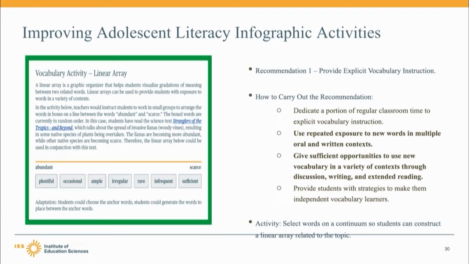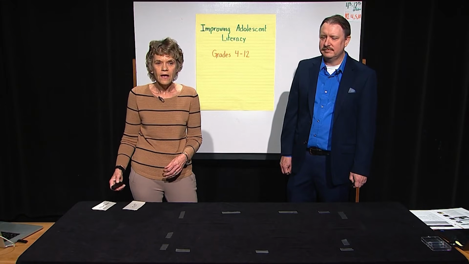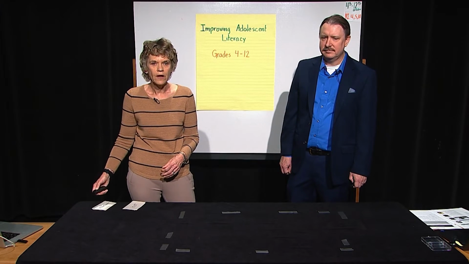Teachers determine the anchor words, which are two words with opposite meaning, and then list words that should be ordered in between those two words. I'll show you my thinking as I complete a linear array. Here I have two words, hot and cold.